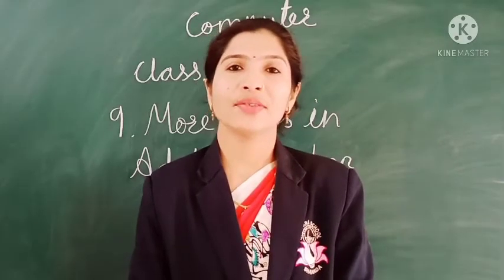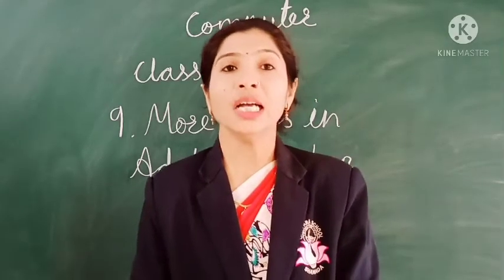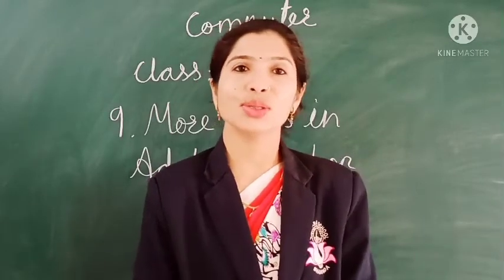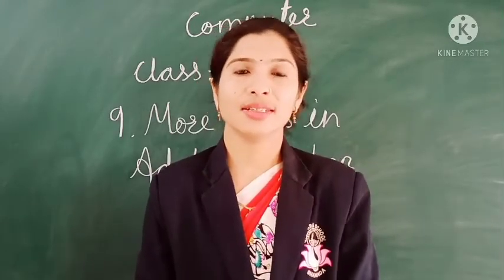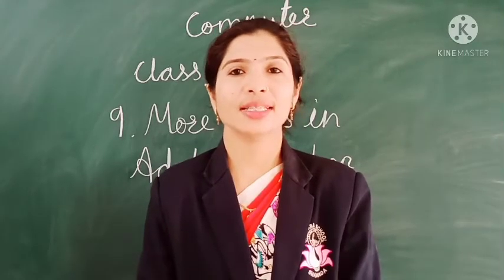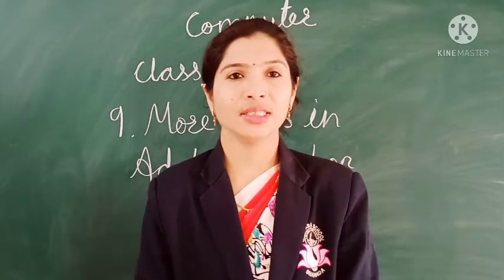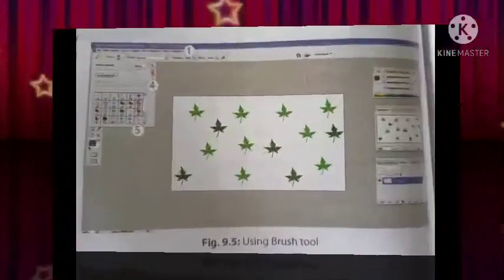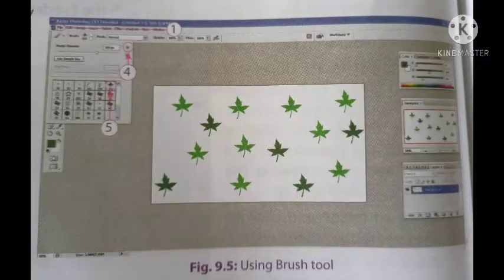Now, drawing with a brush tool. The brush tool is used to add color to your image by drawing strokes as illustrated in some steps. Create a new image by selecting New option from the File menu and enter dimensions in the new dialog box and click on the OK button.